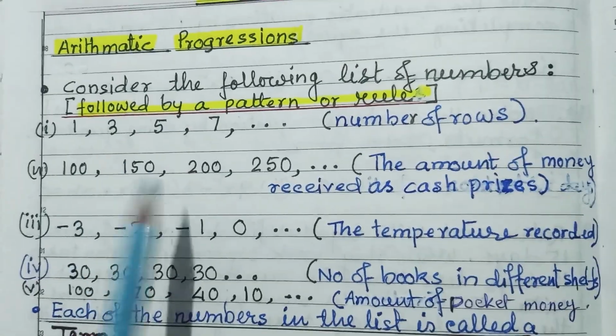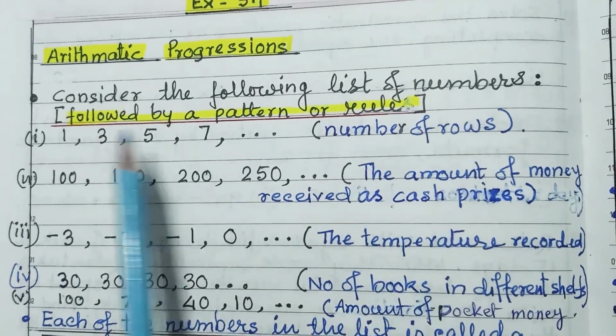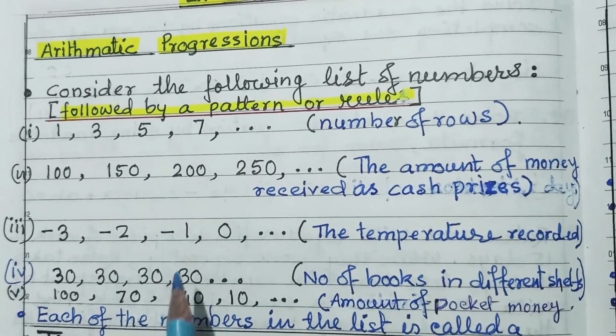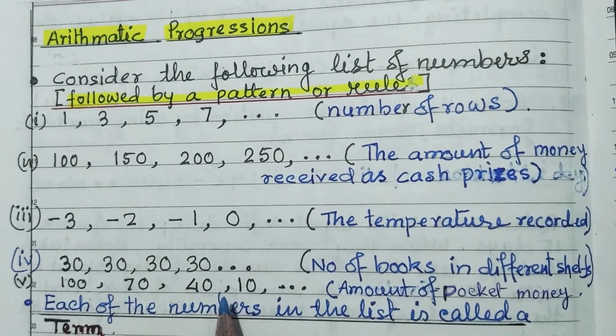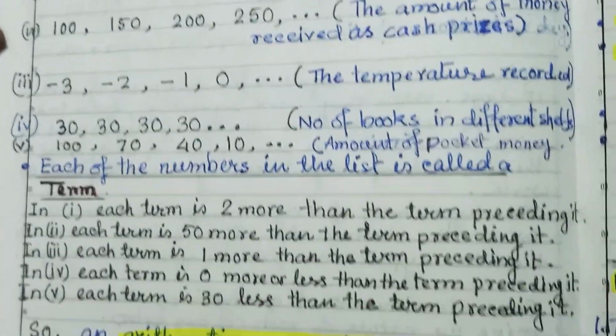Now, this list of numbers follows a pattern or rule. So here we come to the definition.